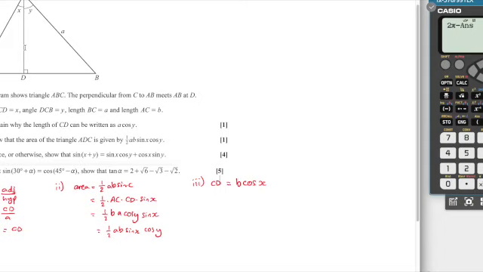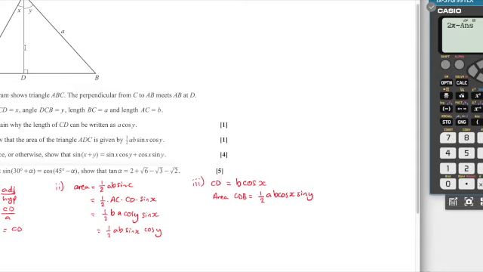And then you could find the area of the other triangle. So area, oh, this is going to work. And then find the area of CDB. So area CDB is going to be half a B cos x sine y.